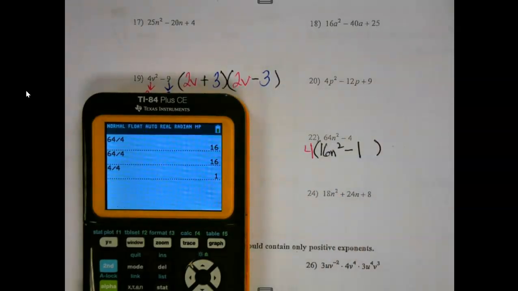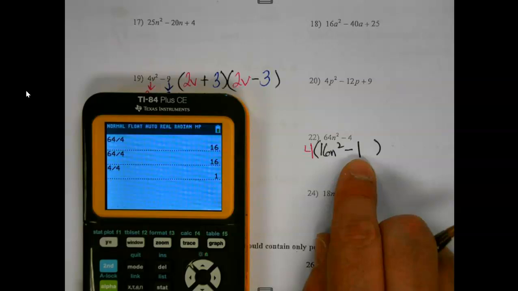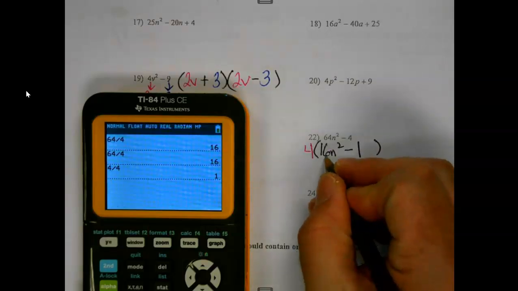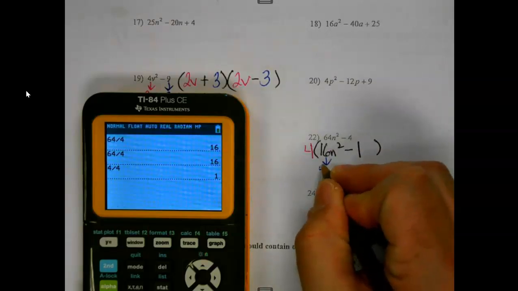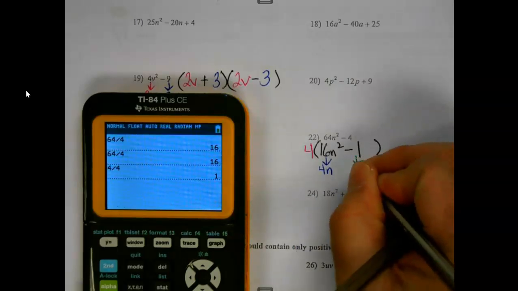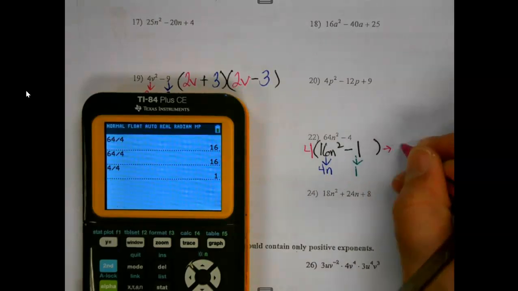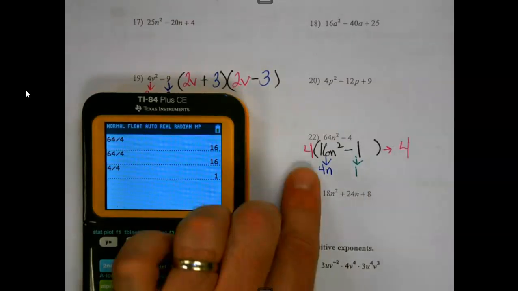And amazingly enough at this point, they're both still perfect squares. So here's the dilemma we can run into sometimes with this. And I'll show you how I would react to it on a quiz if this happened, because it could. So that 4 that I took out is still there.